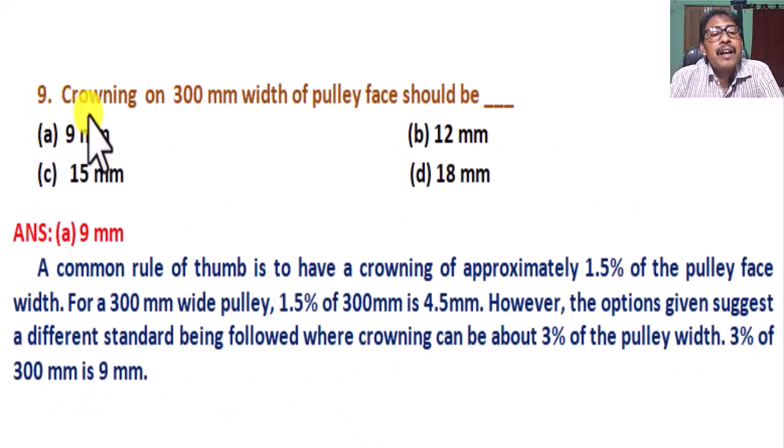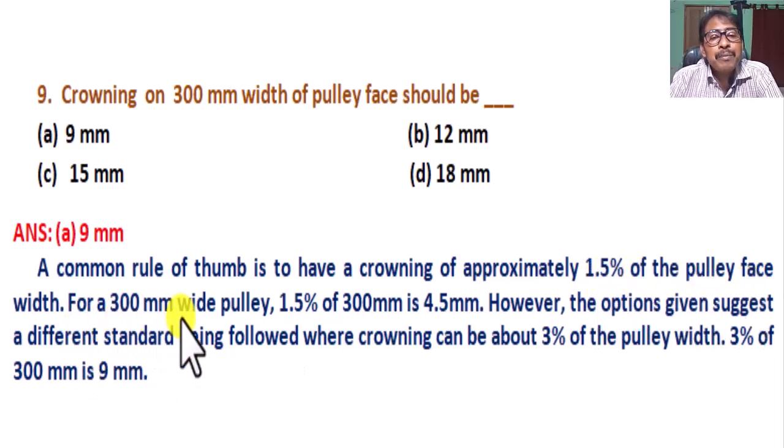Question 9. Crowning on a 300 mm width pulley face should be option A, 9 mm, option B, 12 mm, option C, 15 mm, option D, 18 mm. Correct answer is A, 9 mm. A common thumb rule is to have a crowning of approximately 1.5% of the pulley face width.